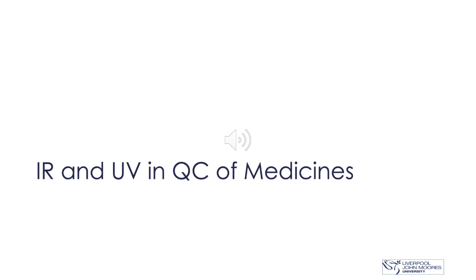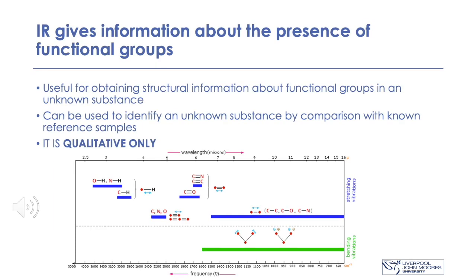Let's have a look at the application of infrared and ultraviolet spectroscopy for the quality control of medicines. Remember that infrared spectroscopy gives you information about the presence of functional groups.